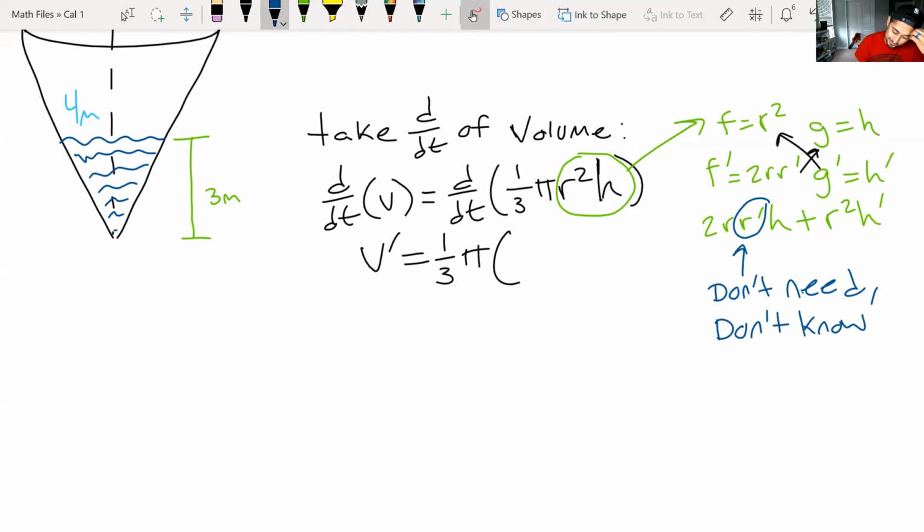Which means, now, since we don't need it and we don't know it, we need to make a substitution for r. With that being said, I'm going to draw an arrow. Let me see. I'll just come back over here.